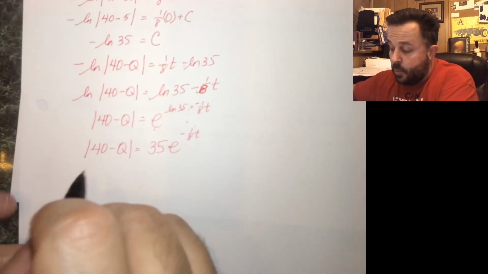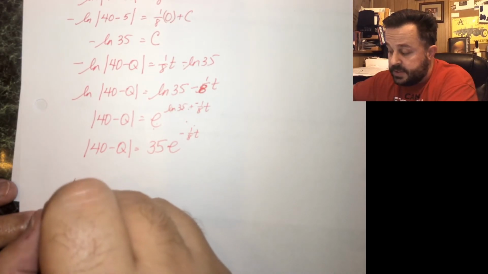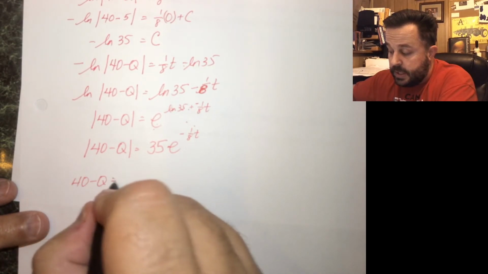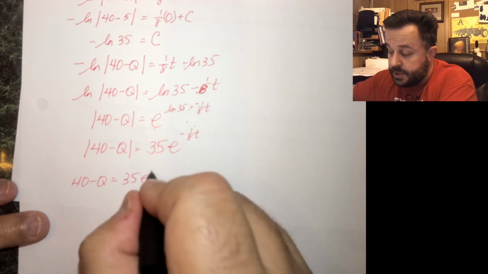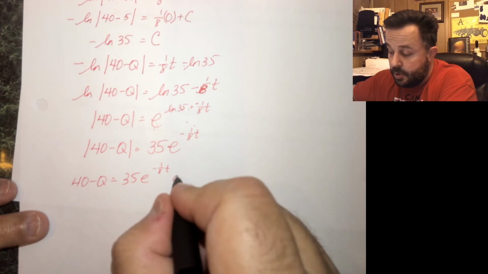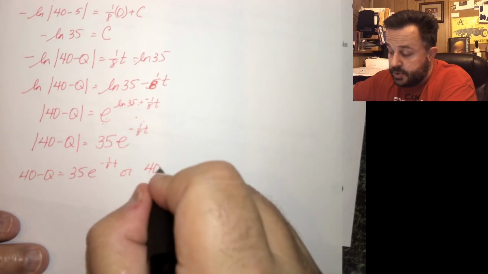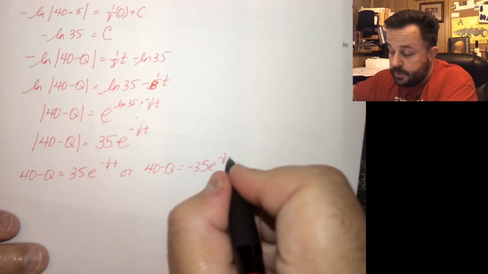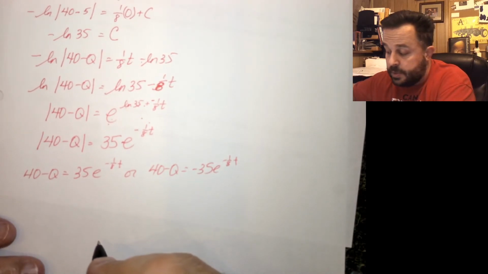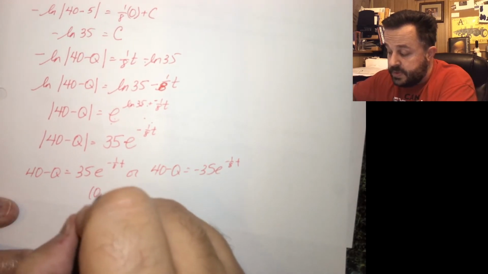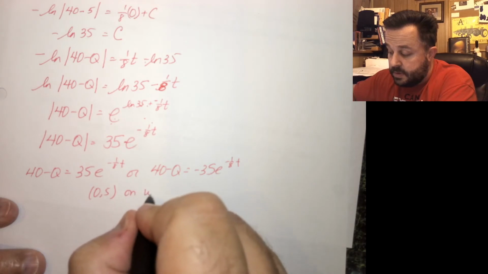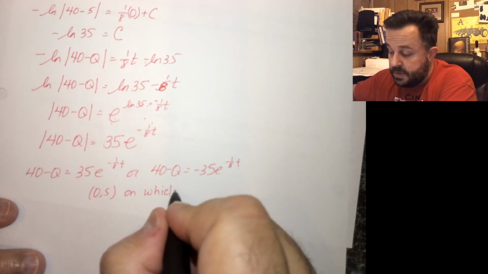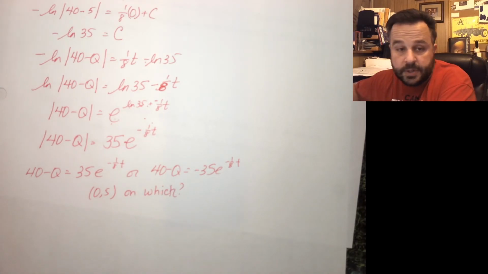Now, when I get rid of this absolute value, does the 40 minus q equal the positive version of this, or does 40 minus q equal the negative version of this? And we use the initial condition to determine that. So in other words, is the point (0, 5) on the function on the left, or is it on the function on the right?